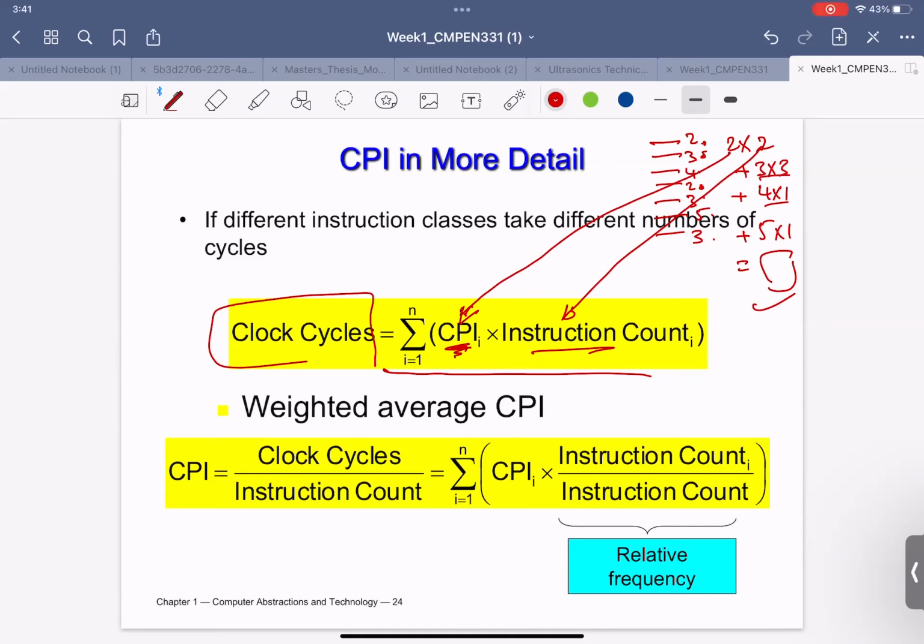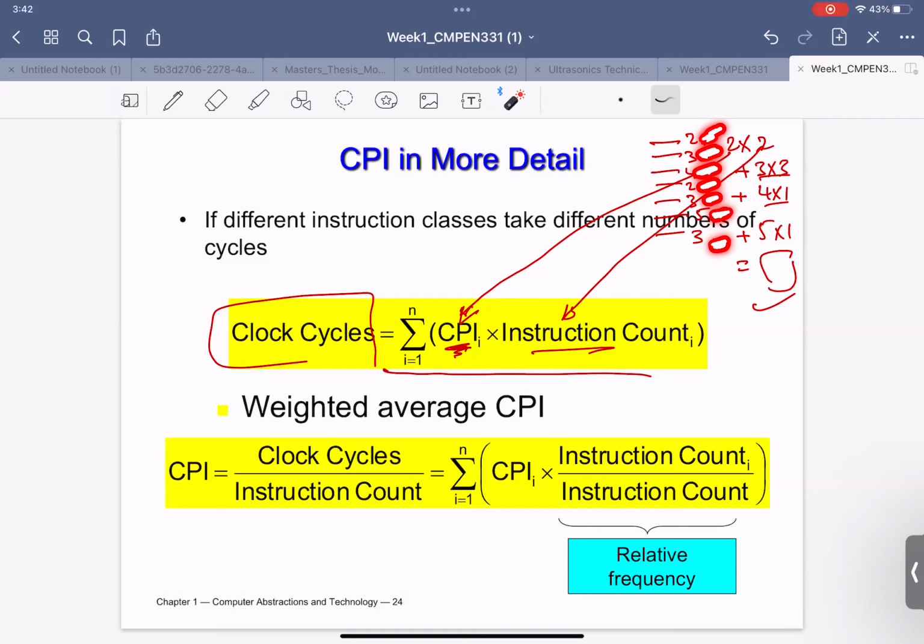Suppose that I need to get a sense of how much my average CPI, cycles per instruction, is. So here I have, for instance, 2 cycles in this instruction. This is 3, this is 4, this is 2, this is 3, this is 5, this is 3. I'm telling you, please give me the average. How can you calculate the average?